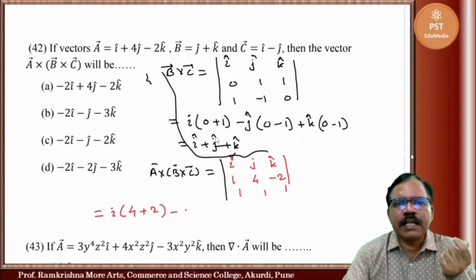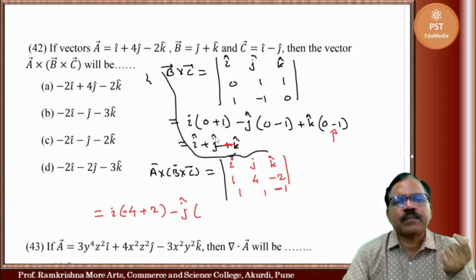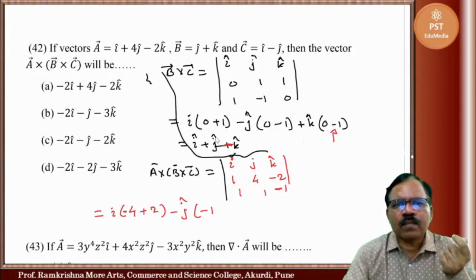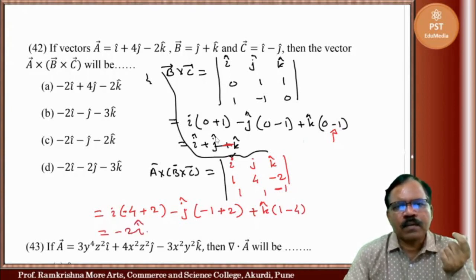Sorry, here this one is minus k, so here minus j, here it is minus sign, minus j, minus 1 plus 2, plus k, now 1 into 1, that is 1 minus 4, so we'll get here minus 2i plus j minus 3k.